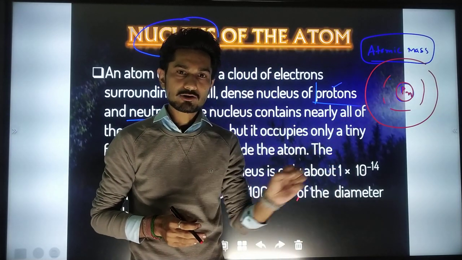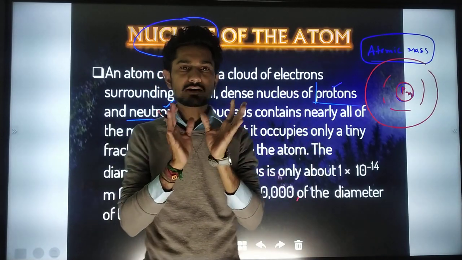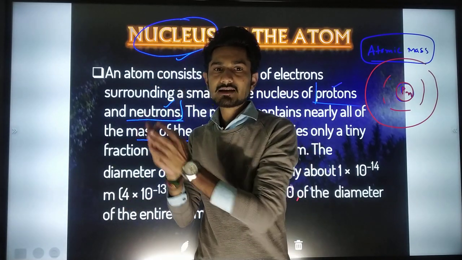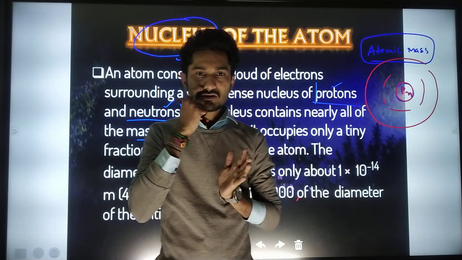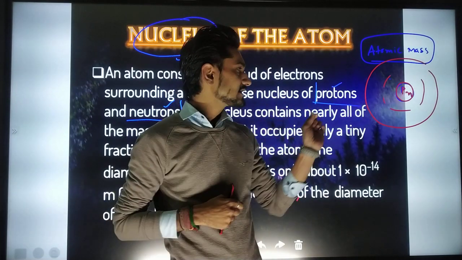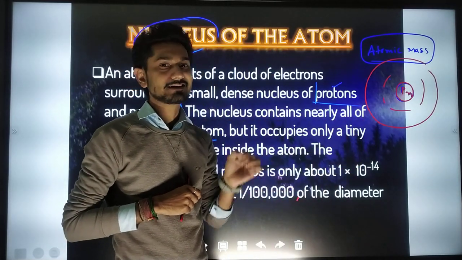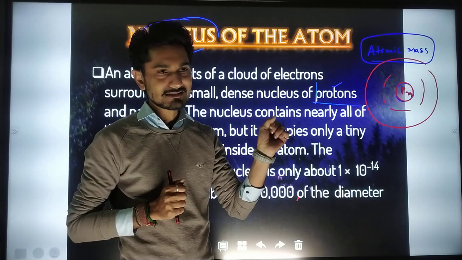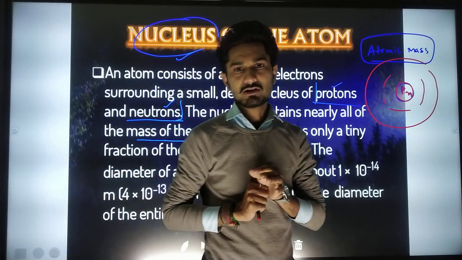Whatever the mass of the nucleus is, that is the mass of an atom, because again, the electrons are revolving around the nucleus and are not stable like the proton and neutron. That's why we are not considering them in the atomic mass.